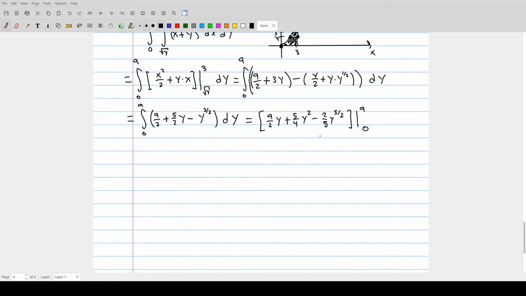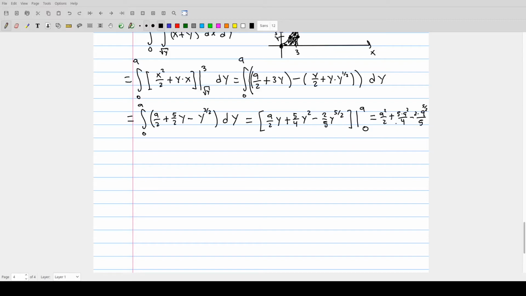So our final value ends up becoming exactly, when we plug in for 9 and then plug in for 0, when you plug in for 0, everything here is 0. So it'll be 9 squared over 2 plus 5 times 9 squared over 4 minus 2 times 9 to the 5/2 over 5.